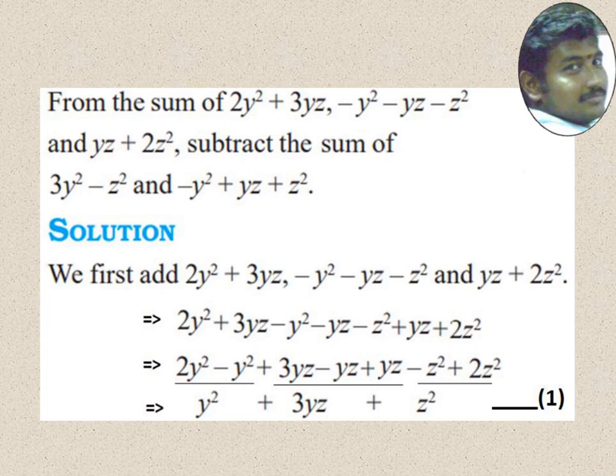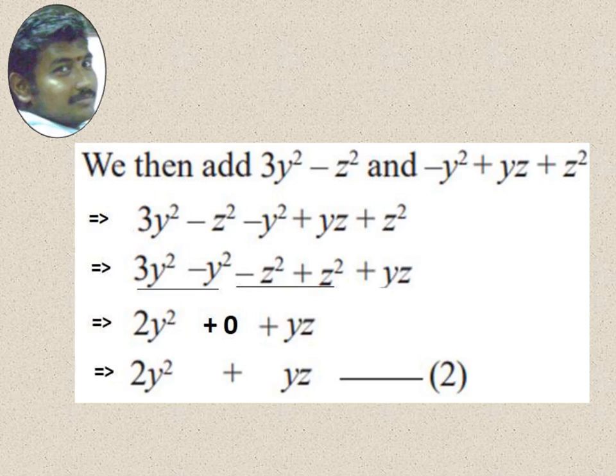From the sum of 2y square plus 3yz minus y square minus yz minus z square and yz plus 2z square, subtract the sum of 3y square minus z square and minus y square plus yz plus z square. First you have to add the above expression and the below expression, then subtract.